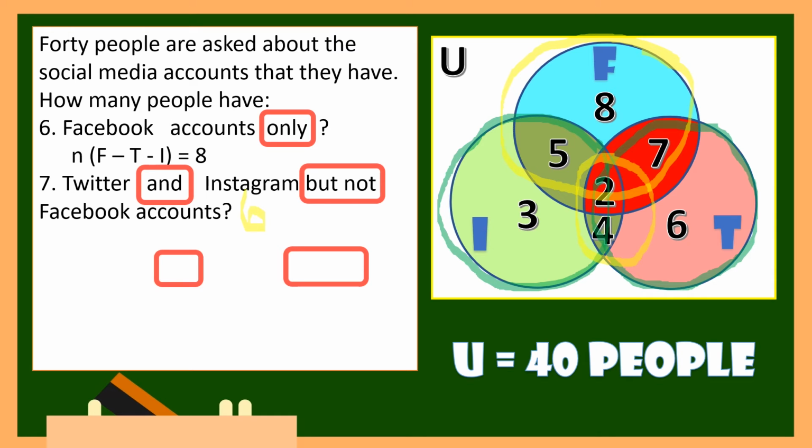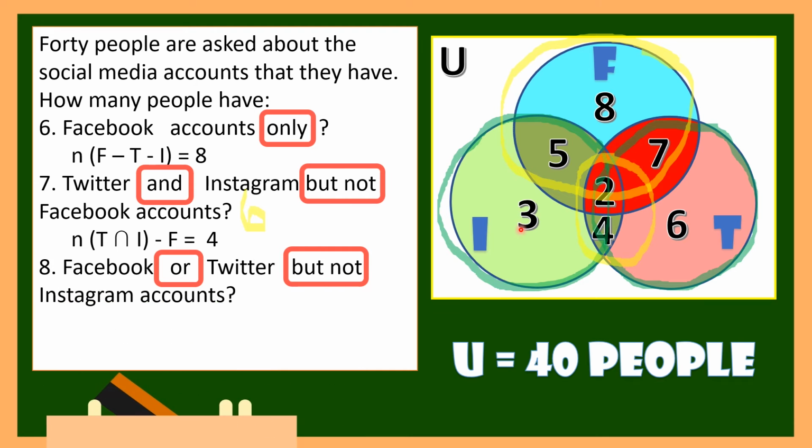Pero, kanina, yung 2 and 4 natin, as you can notice, si 2, part siya ni Facebook. So, dapat hindi na pala natin sinama si 2 para makuha natin yung sagot sa number 7. So, ang hinahanap lang kasi natin is Twitter and Instagram. So, kung Twitter and Instagram lang dapat, ang final answer natin should be very good. Simply 4 lang. Since si 2 again is nag-overlap na sa set ni Facebook.